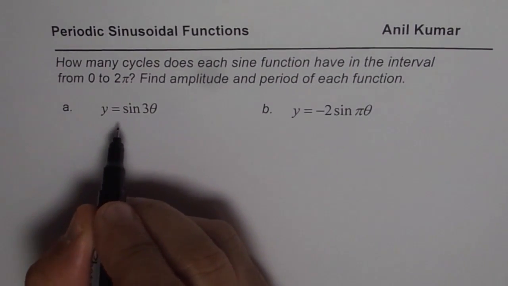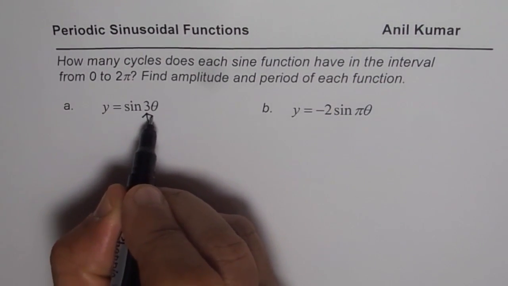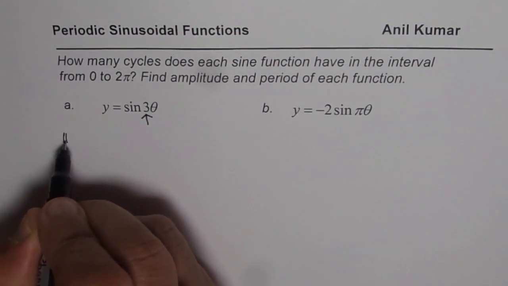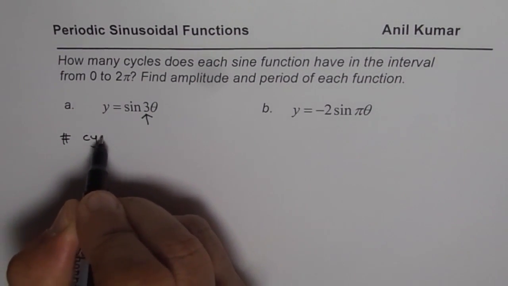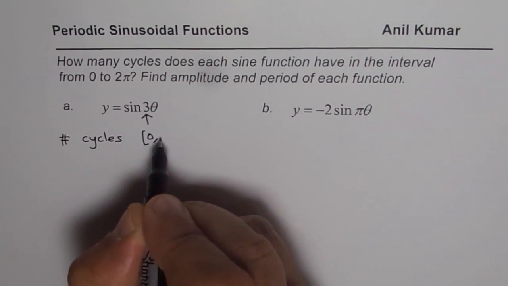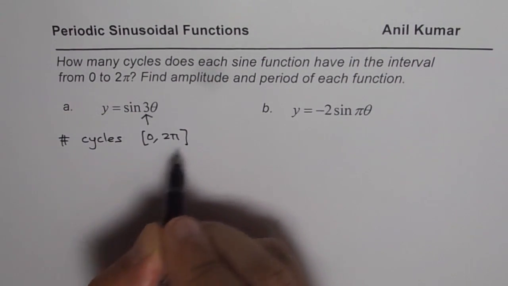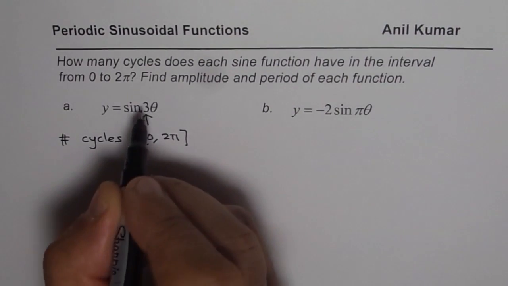Now whenever you read a function like sine 3 theta, it really means 3 is a critical number. The number of cycles from 0 to 2 pi, that means 0 to 360 degrees, will be this k factor, 3.